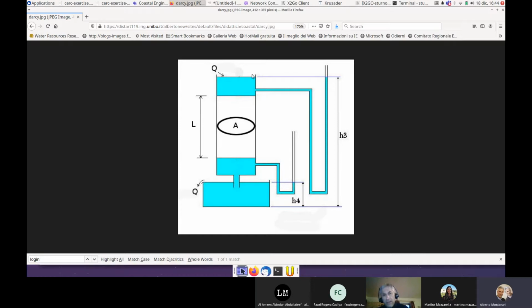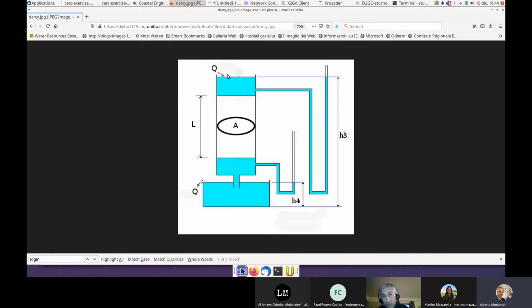The hydraulic head in the upper pool is precisely equivalent to H3. Why? Because if you compute the hydraulic head at the free surface, you have zero pressure, so the head is given only by the elevation H3. Perfect. By the hydrostatic law, this hydraulic head is constant throughout this pool.